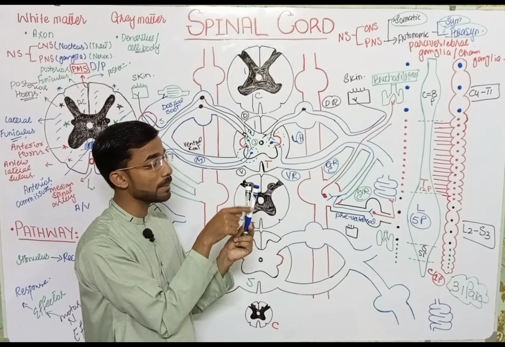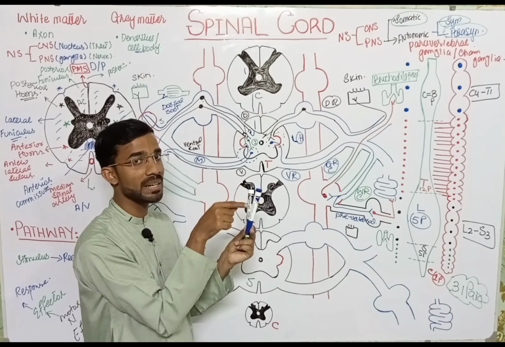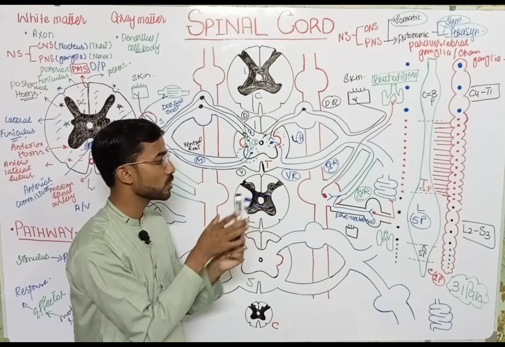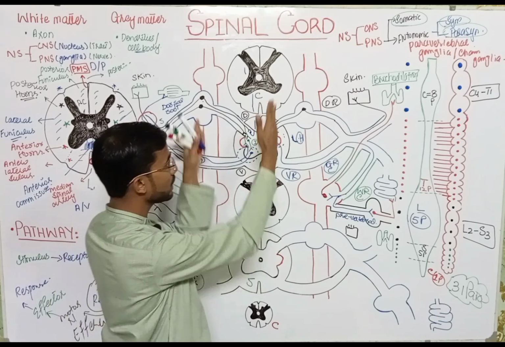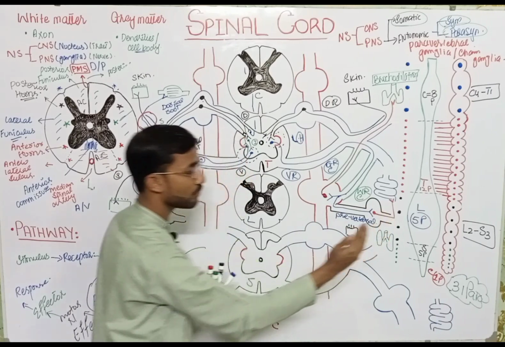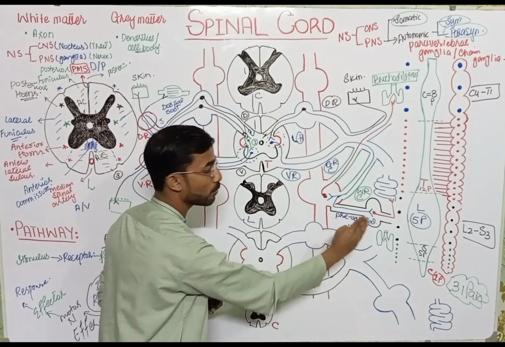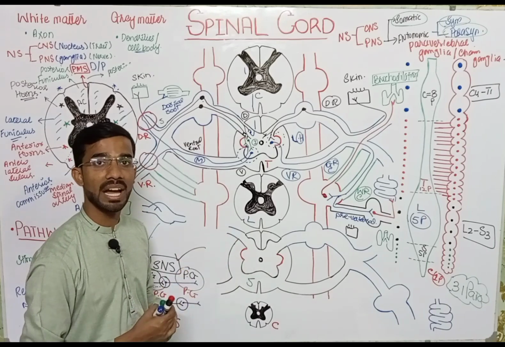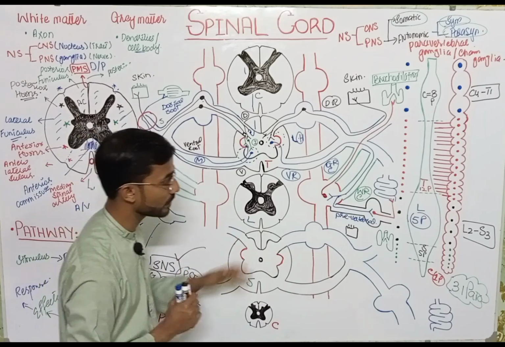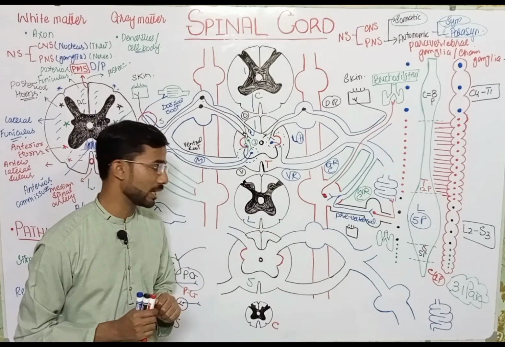That's why we call them the prevertebral, or pre-aortic, ganglia. So this is the case. This ganglia lies in front of both the aorta and the vertebra. So this is all about the sympathetic nervous system.